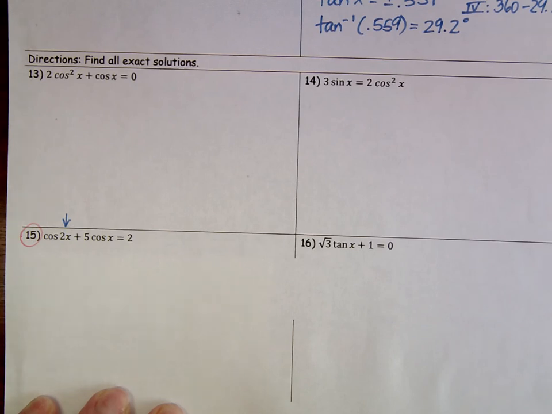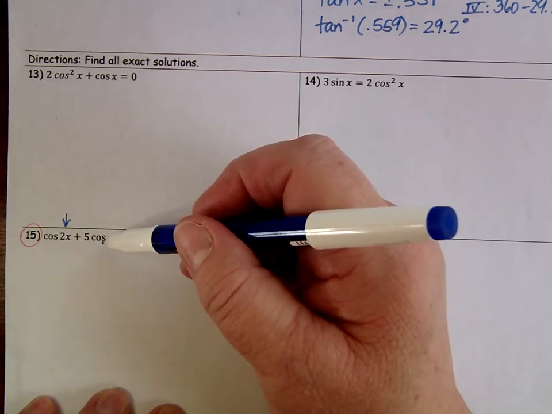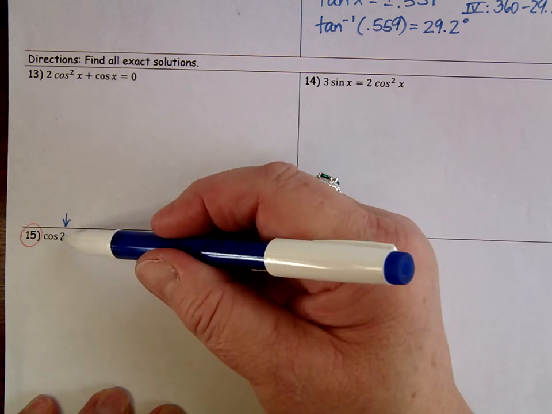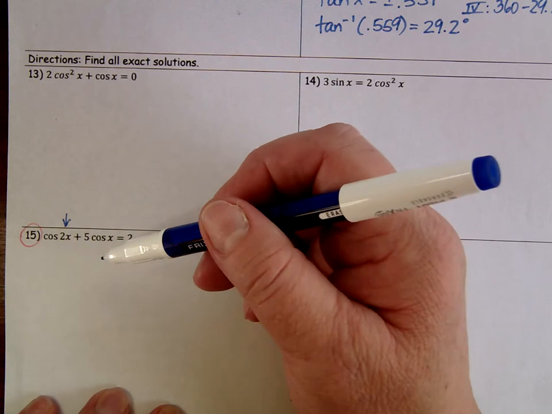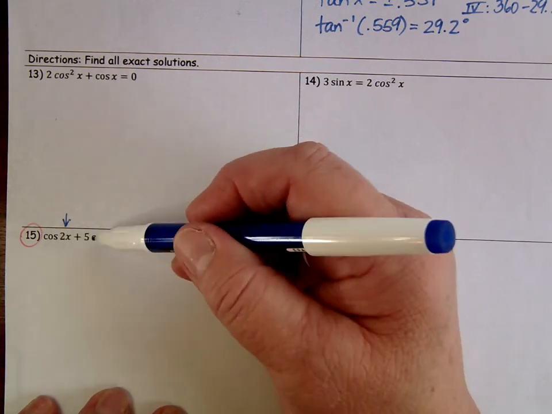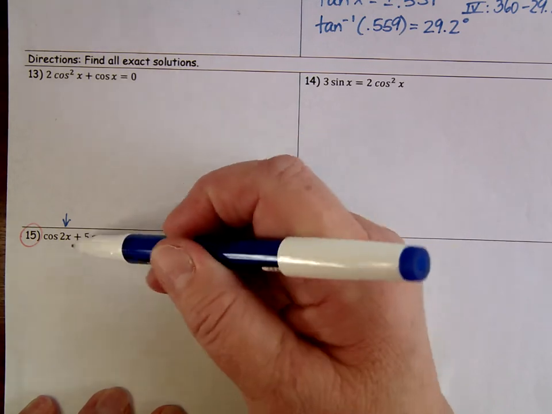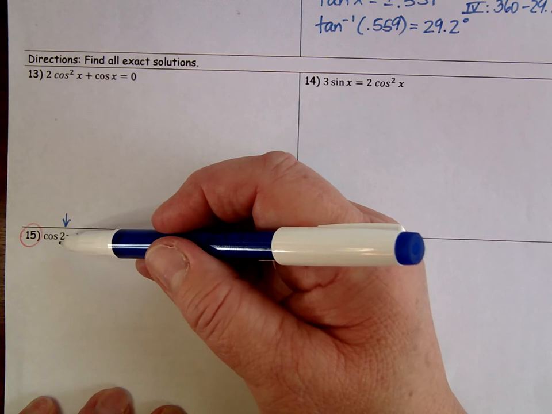So I'm looking over here at this that has cosine in it. One of the choices for cosine double angle is cosine squared minus sine squared. But then I'd have a sine squared in this whole thing that I'd have to deal with. And remember, we're trying to keep it to just a single trig function. So is there a cosine double angle formula that deals just with cosines?